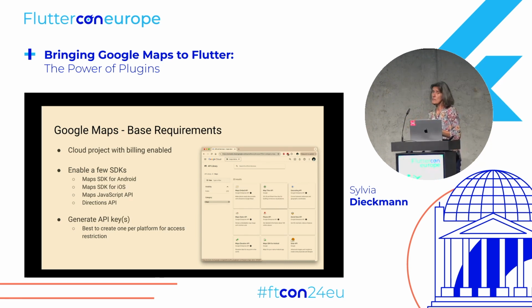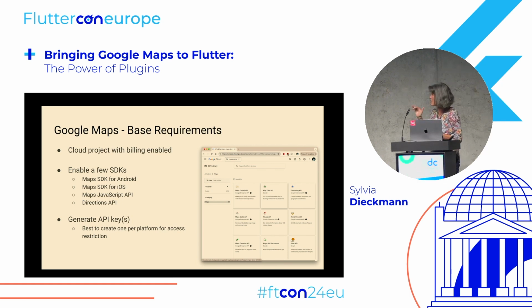First, you need to create a cloud project with billing enabled. You might not get charged if you're below the free threshold, but you need to have billing enabled. Then you need to enable a few SDKs. In my case, it's the Maps SDK for Android and for iOS, and then the Maps JavaScript API for the web and the Directions API.